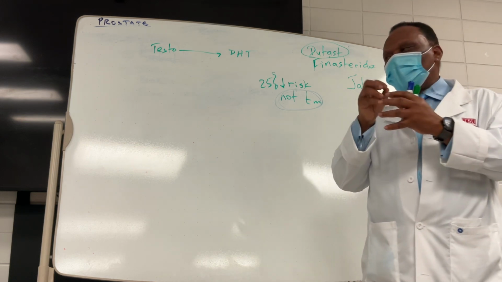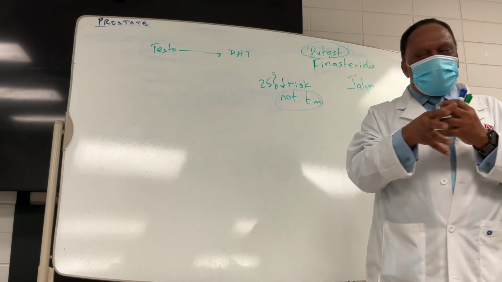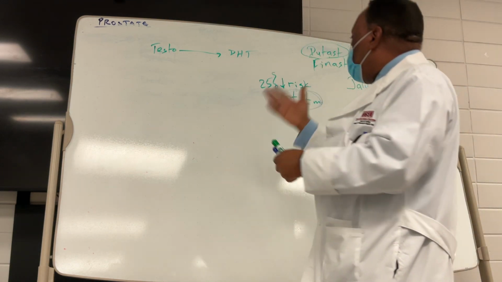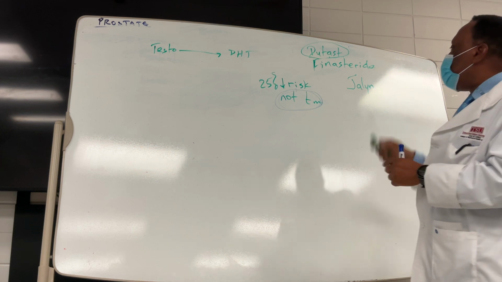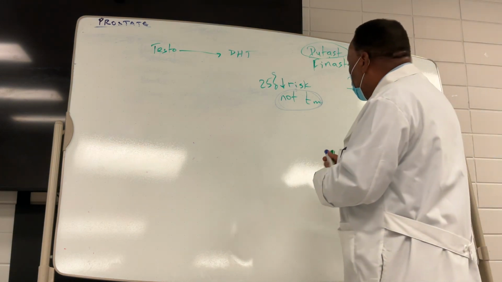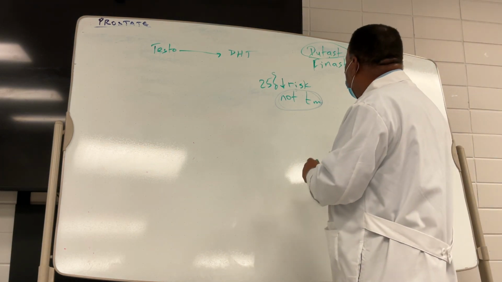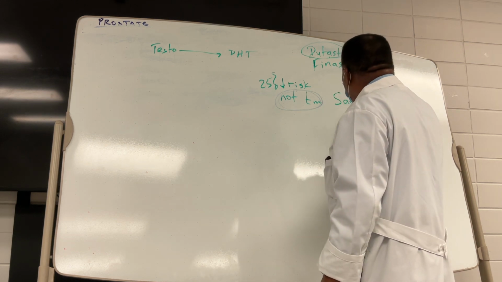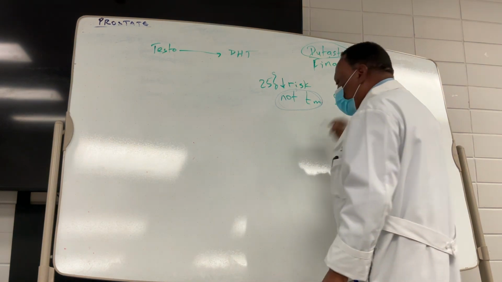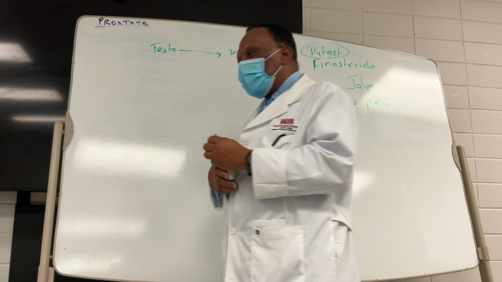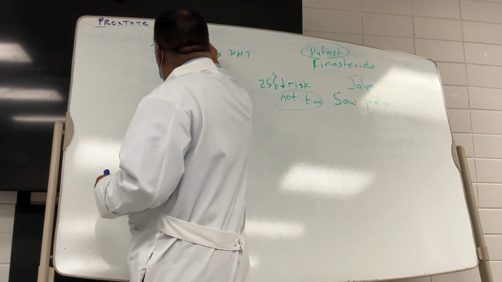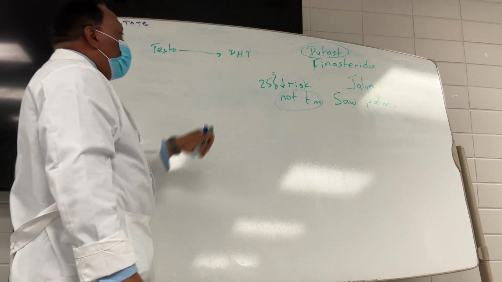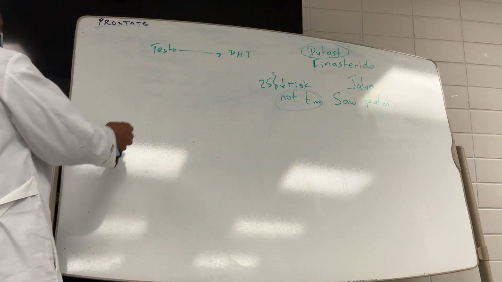But if the prostate cancer has been established and you use a 5-alpha reductase inhibitor, you can actually worsen the situation. And we know that the one that is available over the counter, the saw palmetto, can also work at that level, that is to inhibit 5-alpha reductase.